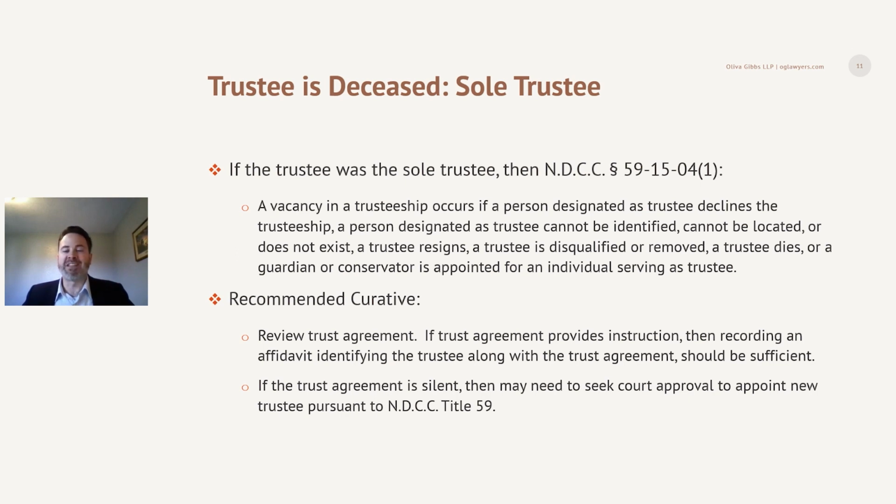If the trust agreement is silent, then we move on to the second order of priority, which requires that a vacancy be filled by a person appointed by unanimous agreement of the qualified beneficiaries. Now, if the qualified beneficiaries cannot agree, then finally, the vacancy may be filled by a person appointed by the court.